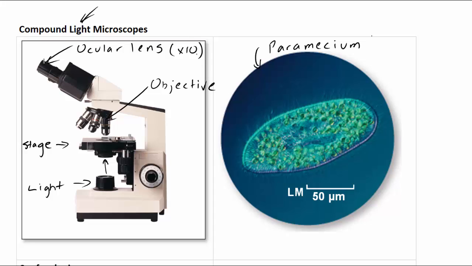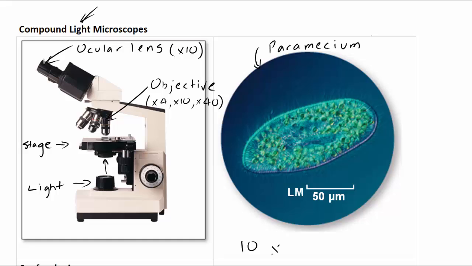The 3 objective lenses are generally magnifications of times 4, times 10, and times 40. In order to figure out the total magnification of the image, you multiply the value of the ocular lens magnification by that of the objective lens.